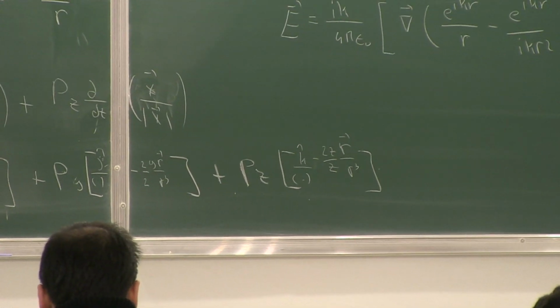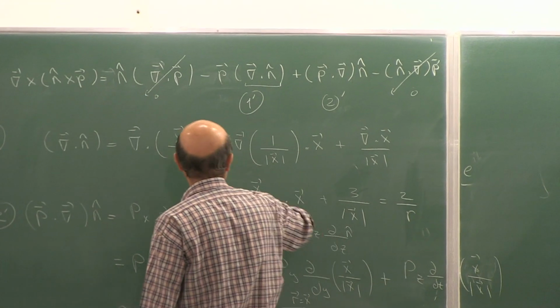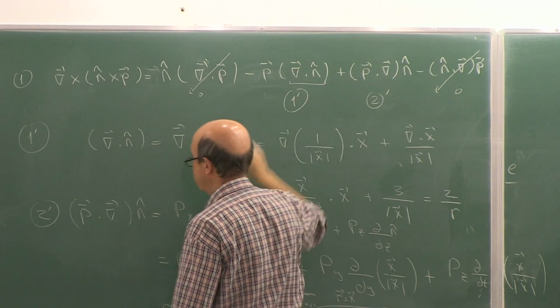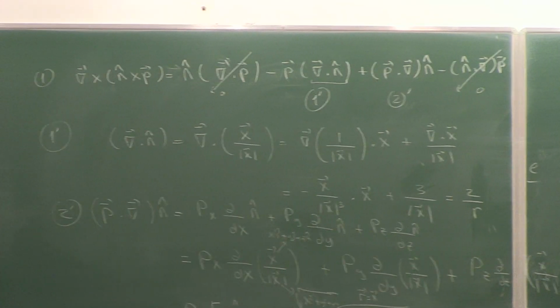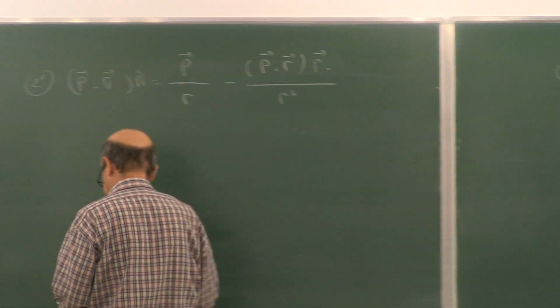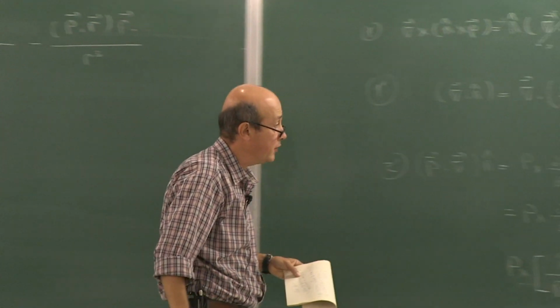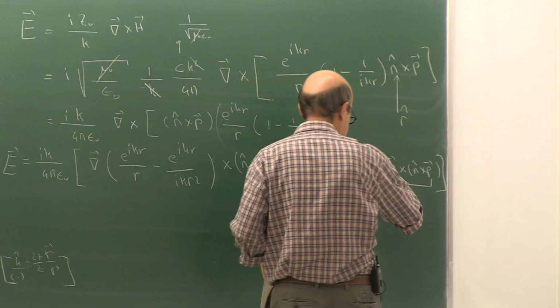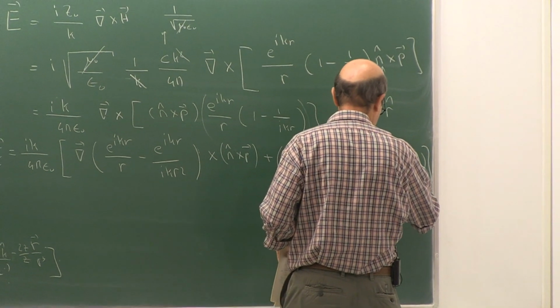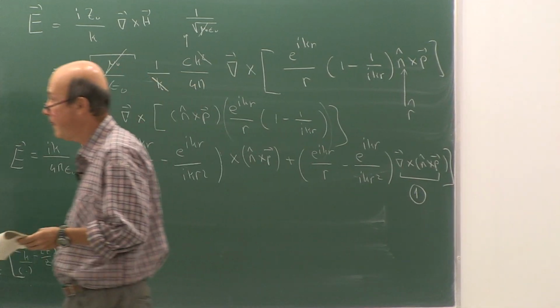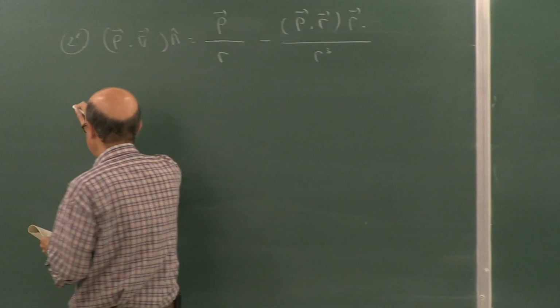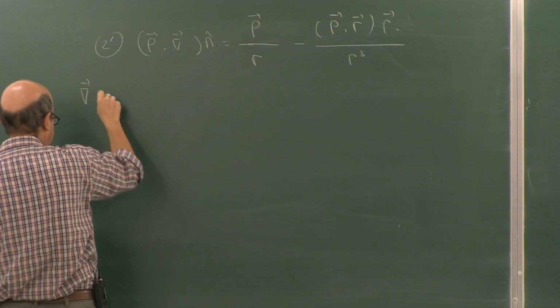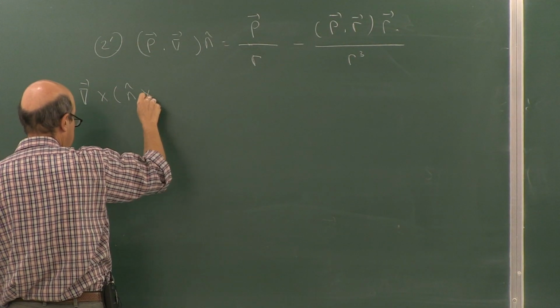So as a summary, we have this term here. If you look at this as a whole, we will get the following. What we are trying to calculate is the curl of n cross p, we want to calculate.